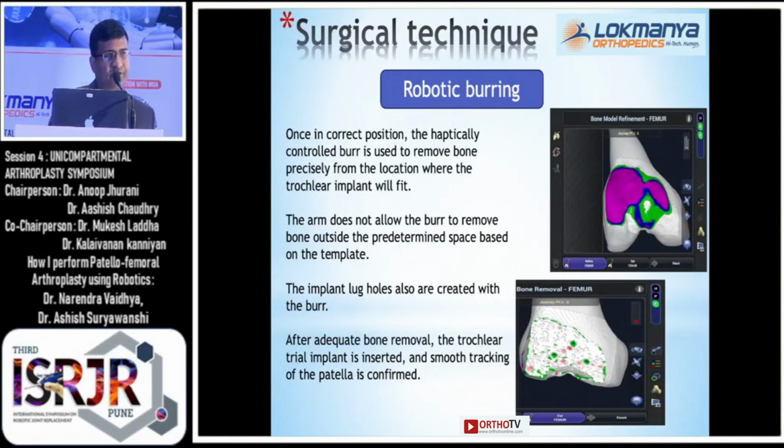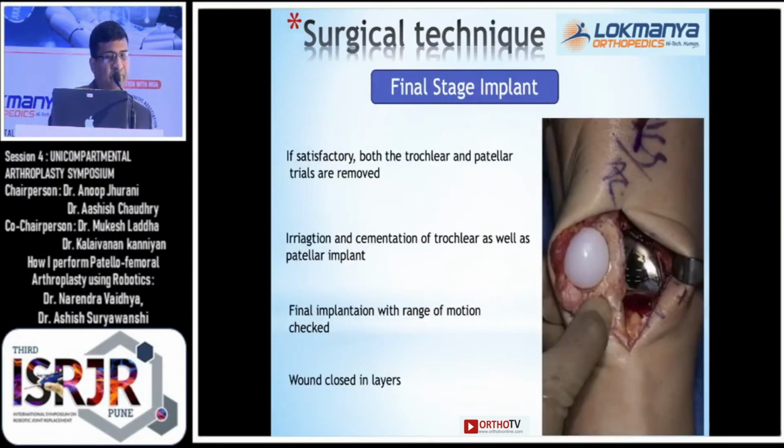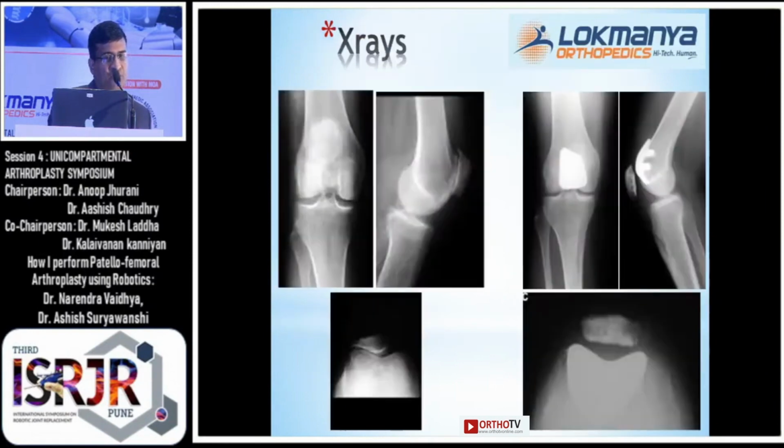Then the robotic boring, and finally the patellar preparation, which is routine like a conventional one, and the final stage of implantation. So this is one of the X-rays we did for patellofemoral arthritis.